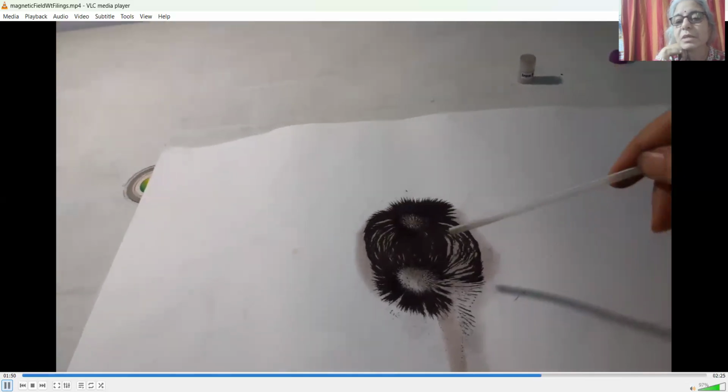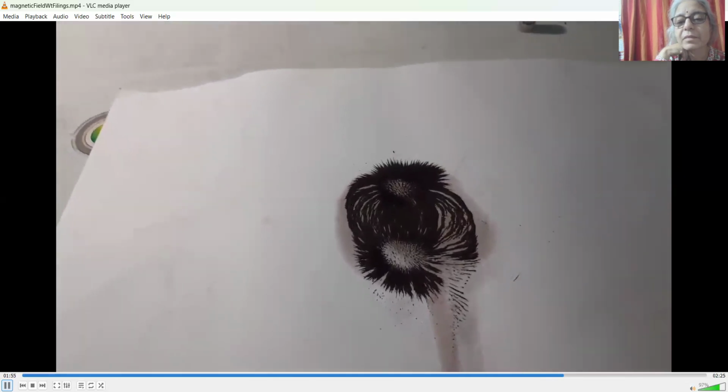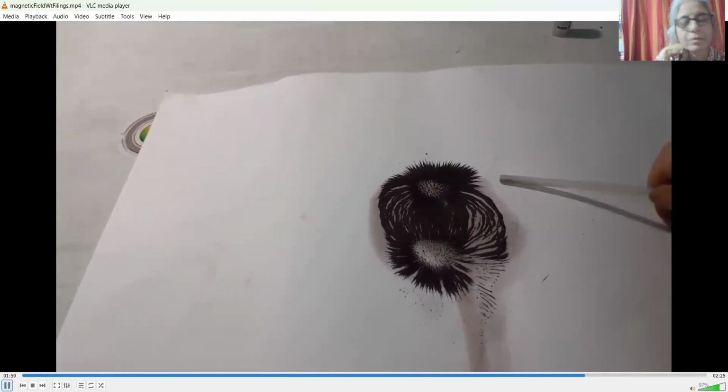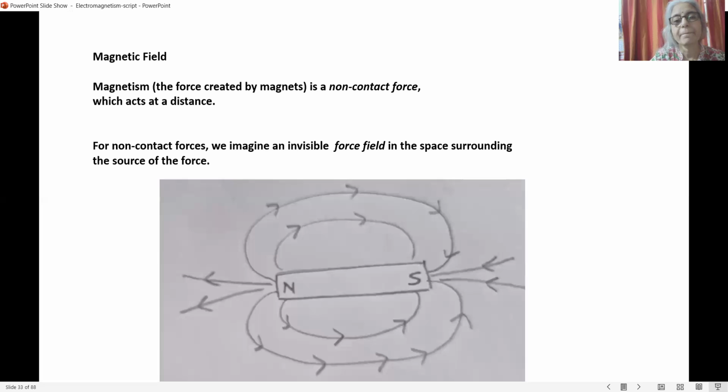And you can see those lines of force. So scientists imagine the force field by drawing these lines. So these lines represent the field of the magnet.